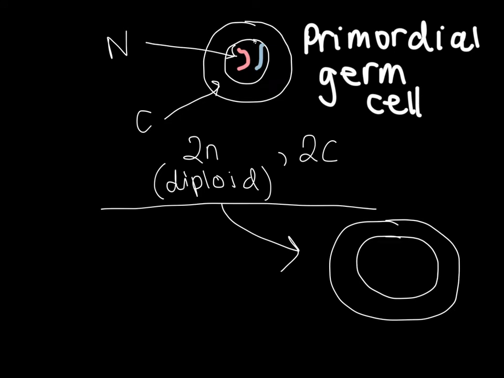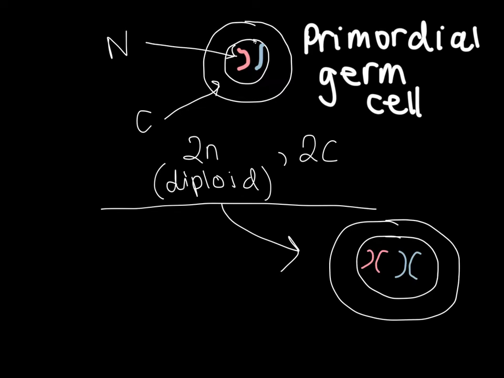Now, what's going to occur is that this primordial germ cell is going to undergo mitosis. So its DNA has to replicate. So now this cell is still 2N.